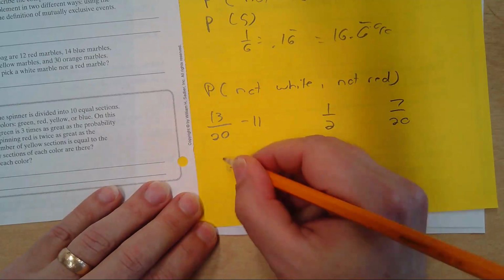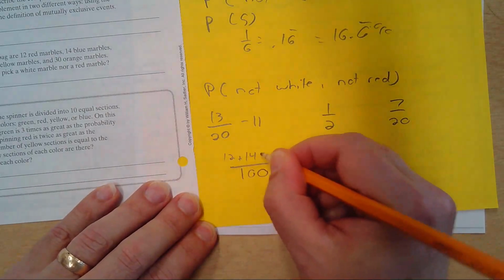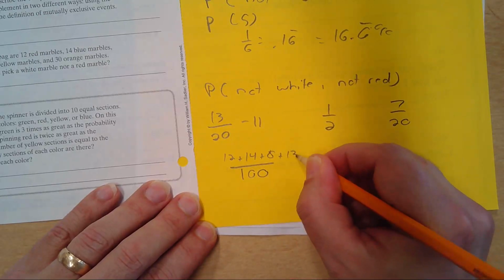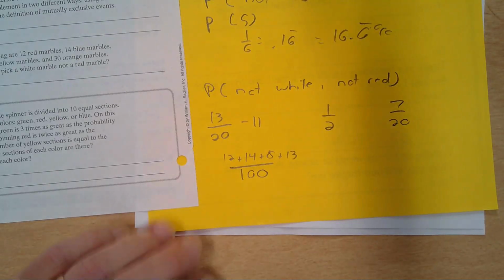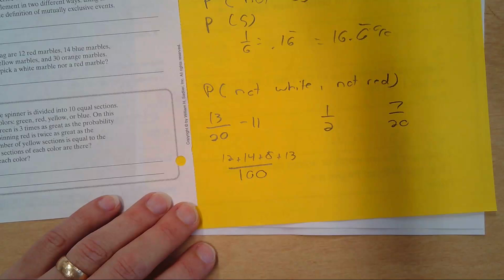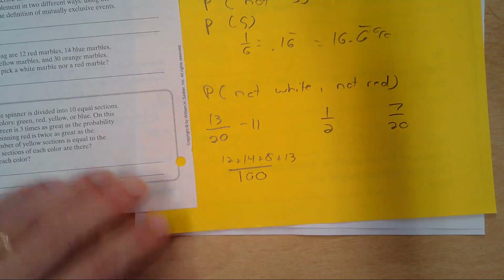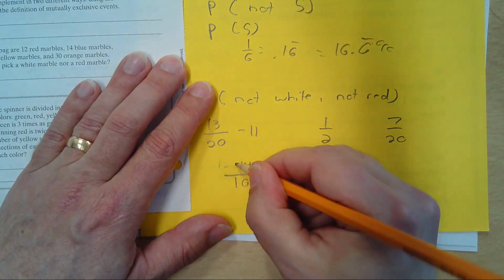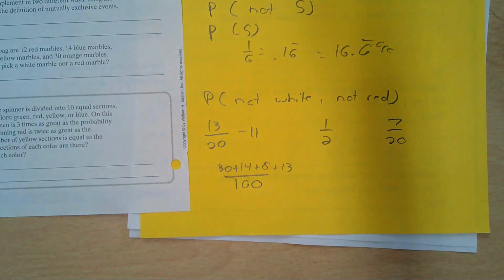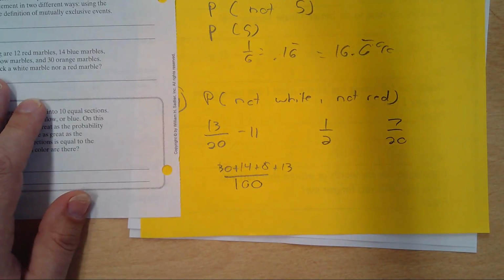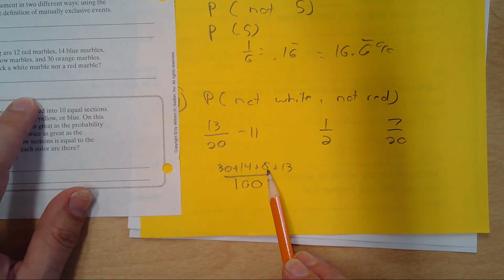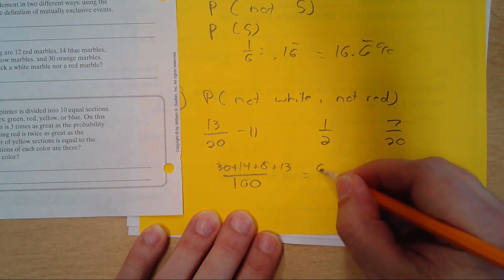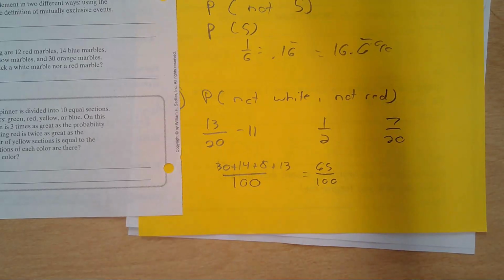I can add up the blues plus the greens plus the yellows plus the oranges. Oh wait, I know what it is, I found the probability of red. There we go. So there I am adding up the blue, the green, the yellow, and the orange. And that gives me 65, right? Yeah.